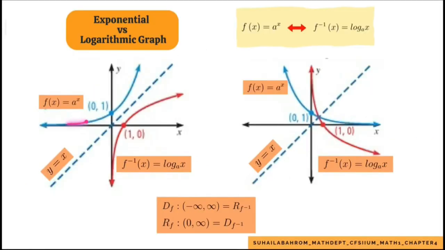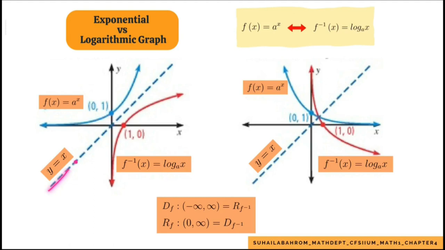And let's look at the comparison between the exponential and the logarithmic graph. In the previous subtopic, we learned how to sketch exponential growth. So we have the function f(x) is equivalent to a to the power of x, where a is greater than 1. So we will have the y-intercept at the value of 1.